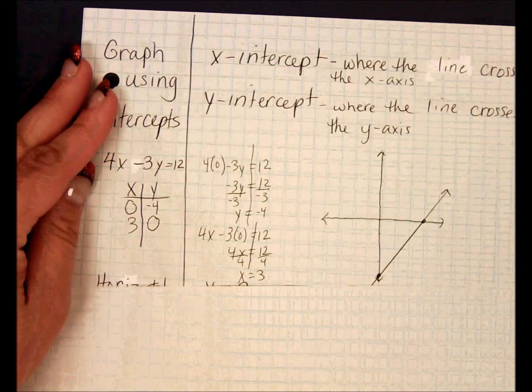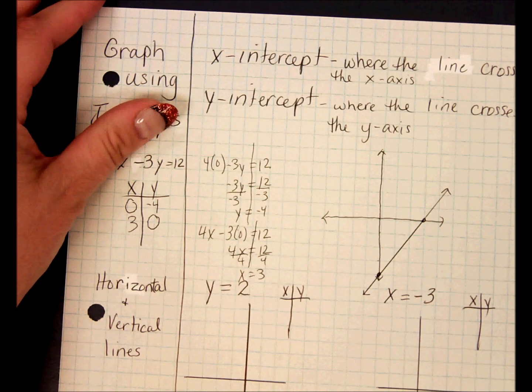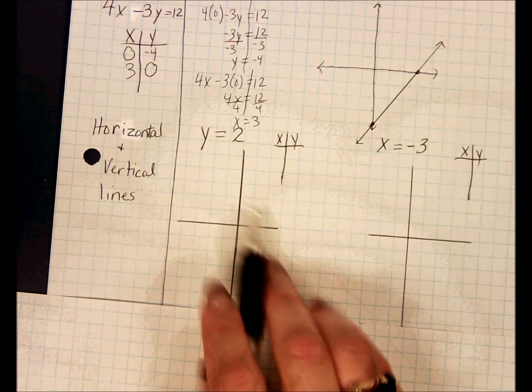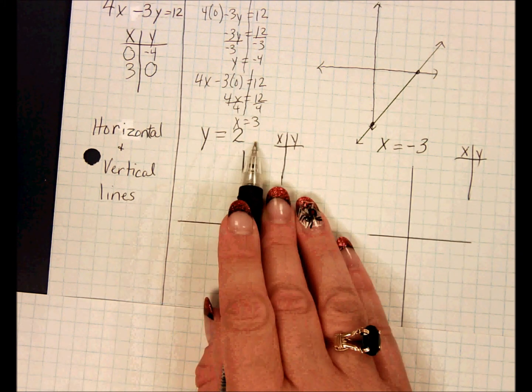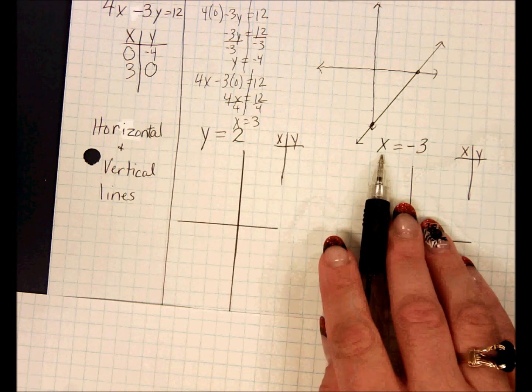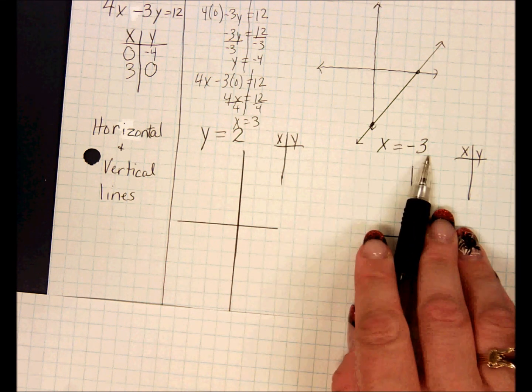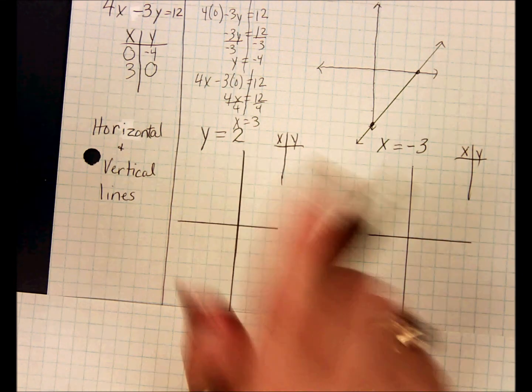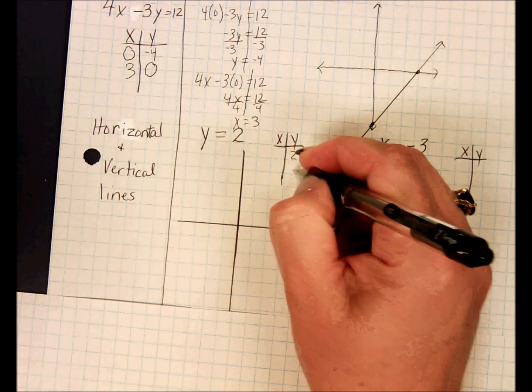Okay, looking at horizontal and vertical lines, if we're going to graph them, this is a horizontal line. It's when y equals something, and the vertical line is when x equals something. If you forget that when you start graphing it, you'll see it. So it says y equals 2. So no matter what in the world happens, y equals 2.